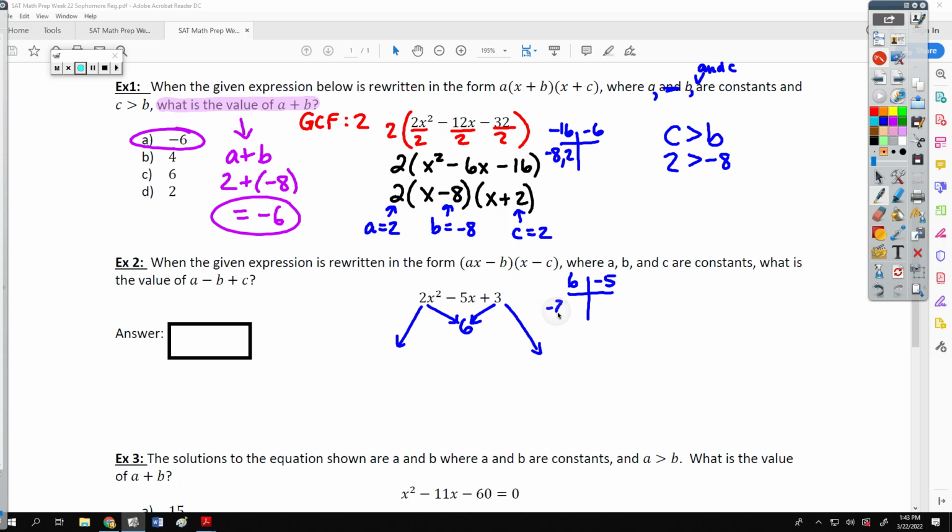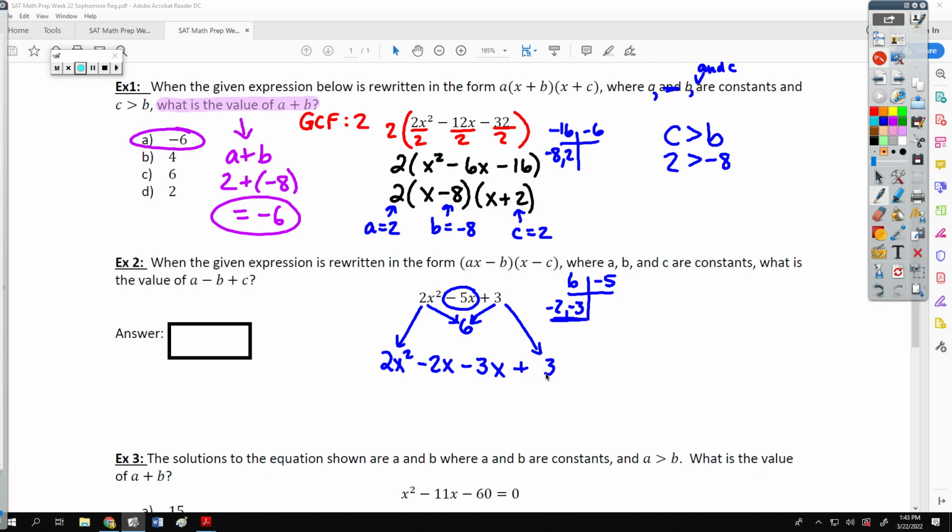Well, that would be negative 2 and negative 3, which means we bring that first term down, 2x squared. Then we split the negative 5x. That gets split up into negative 2x and negative 3x, because negative 2 and negative 3 are the numbers that multiply to 6 and add to negative 5.